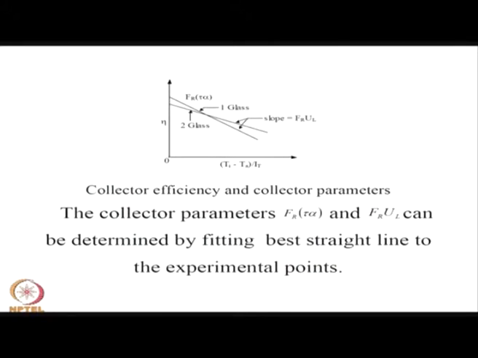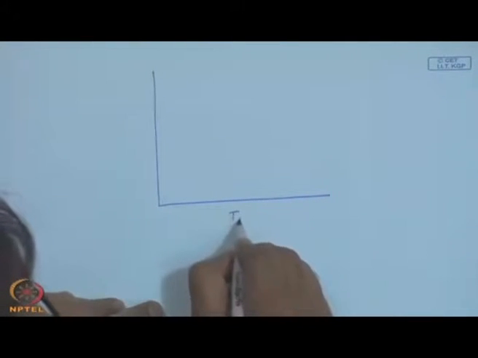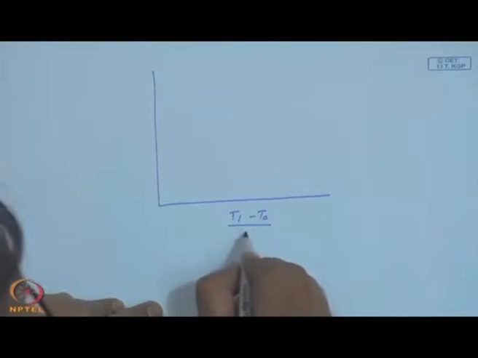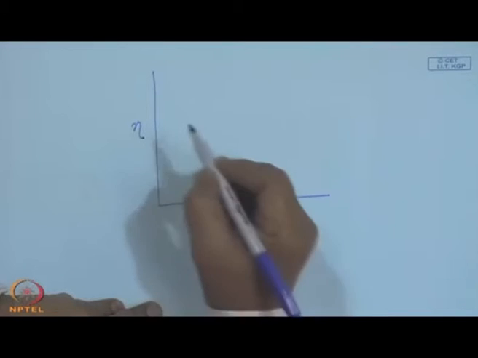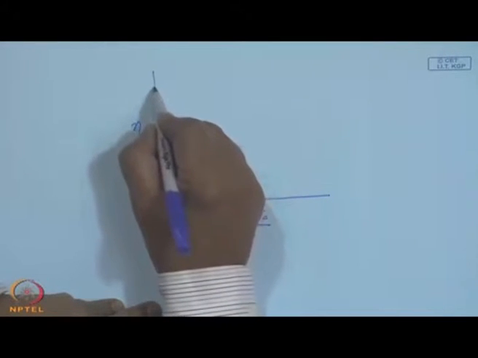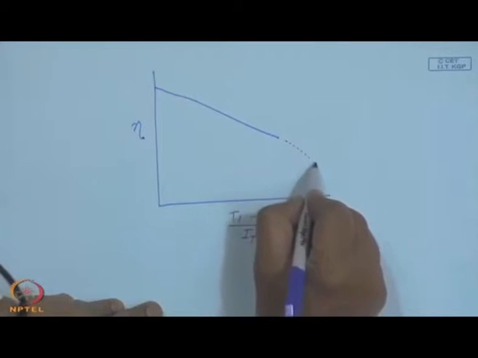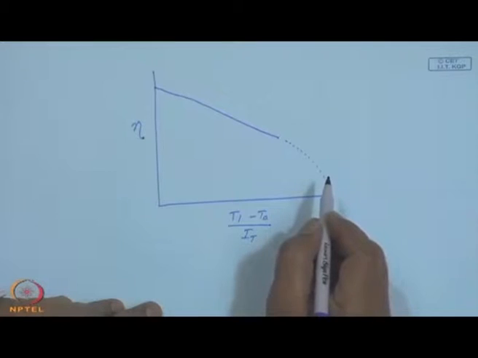So, we found that the efficiency varies linearly with the parameter (T_i minus T_a) upon I_T, and here is efficiency, and you will have the best straight line fit, and beyond this point it may be nonlinear, decreasing quickly.